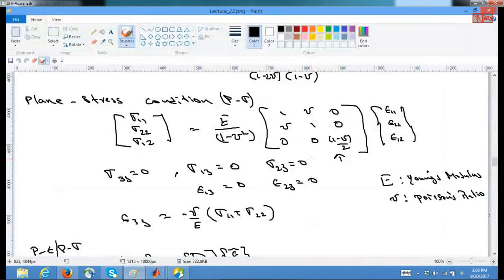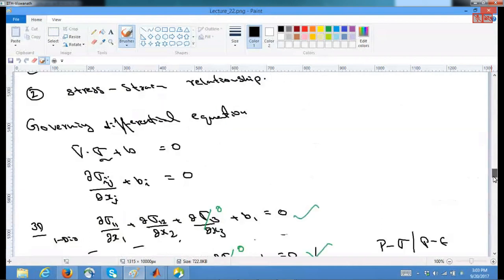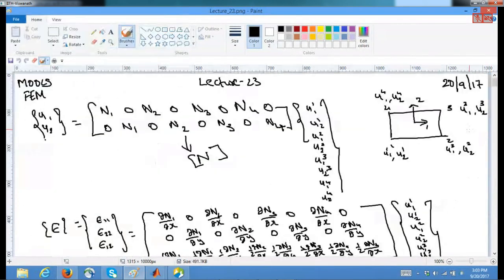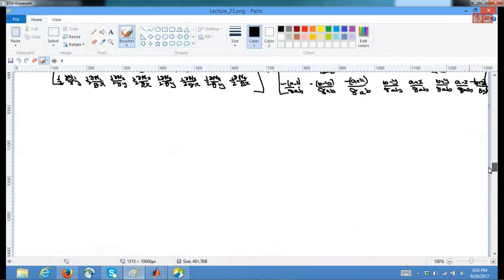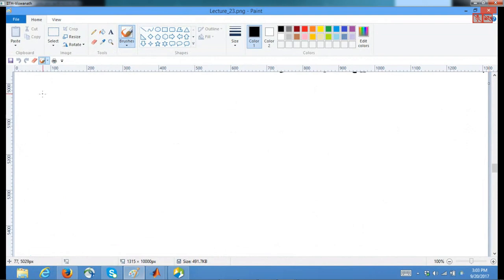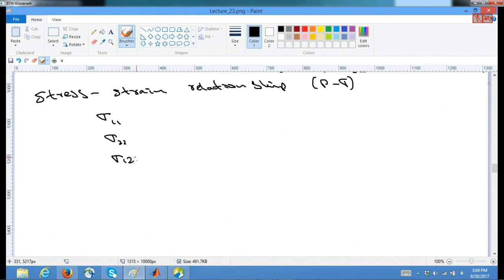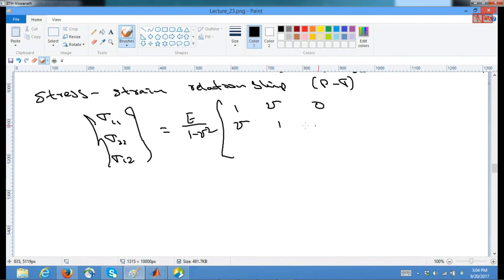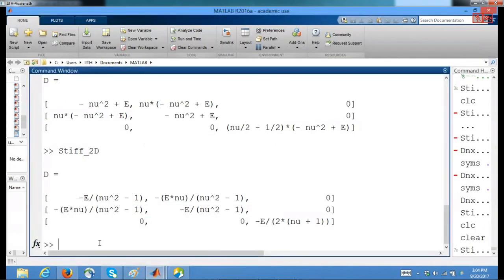So knowing this, my stress strain relationship for plane stress is given by sigma 11, sigma 22, sigma 12 equals to, so this is the thing.